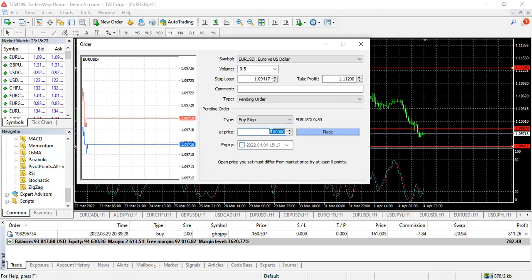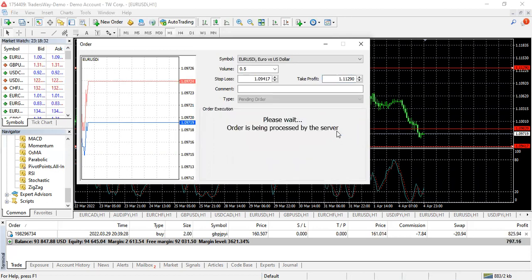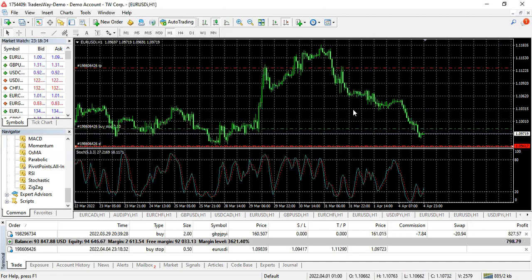So the entry is 1.09839. Then I enter this kind of trade. I place a buy stop now. So let us see and let us check. Here it says it is okay, 42 pips.